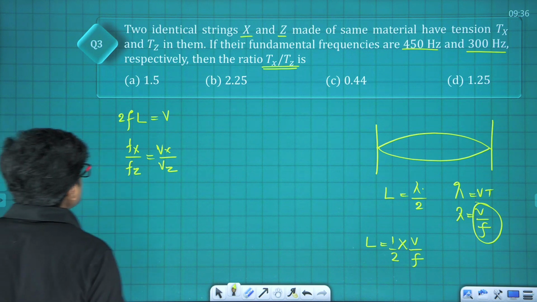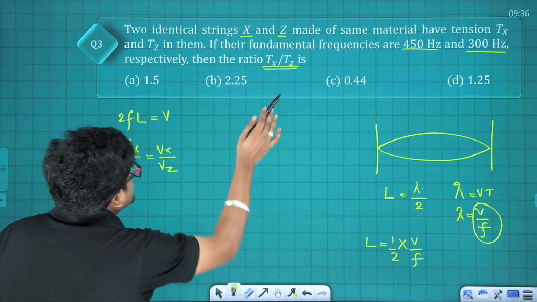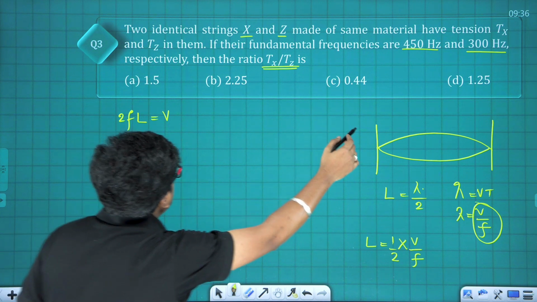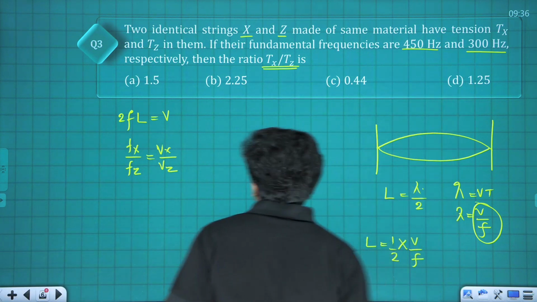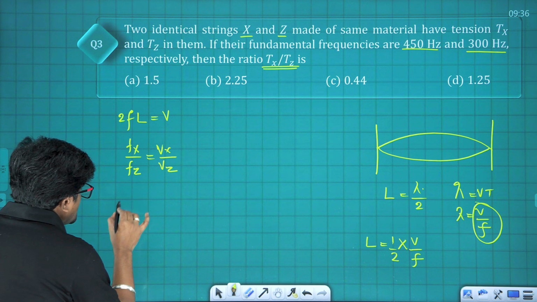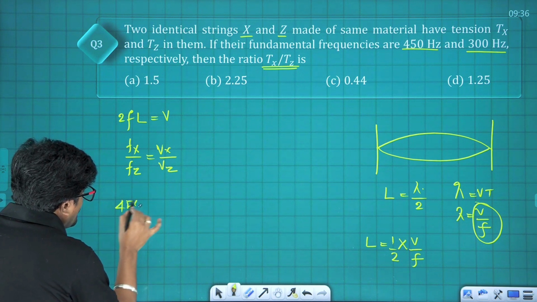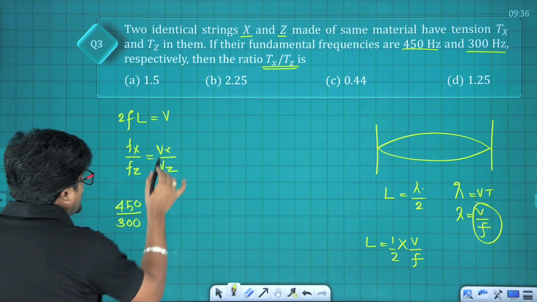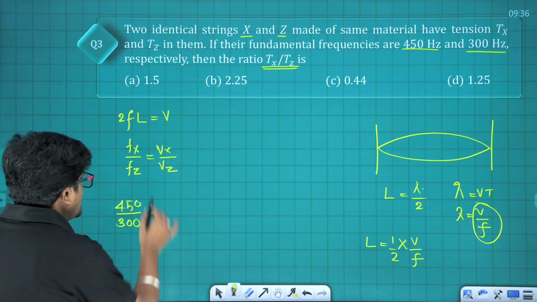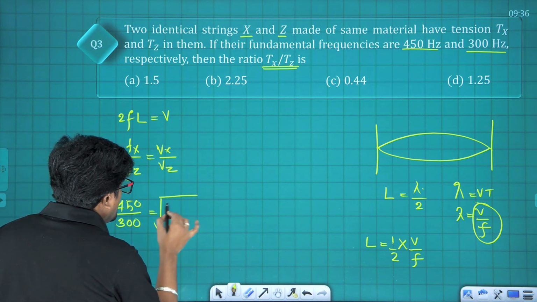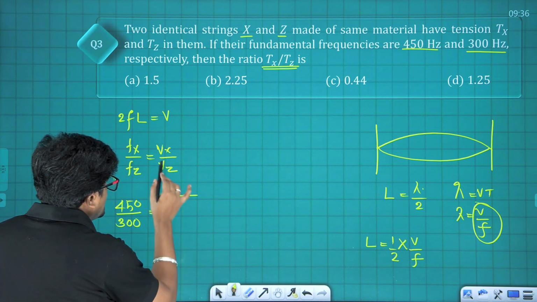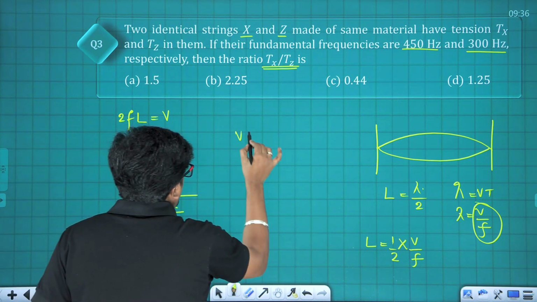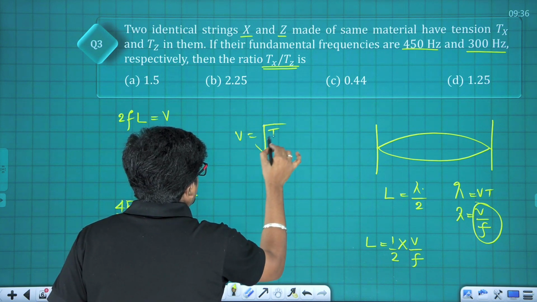Now, what is F of X as well as F of Z? The frequencies are given as 450 and 300. So here this is going to be 450 divided by 300, that's equal to root of Tx upon Tz, because V equals root of T by mu.